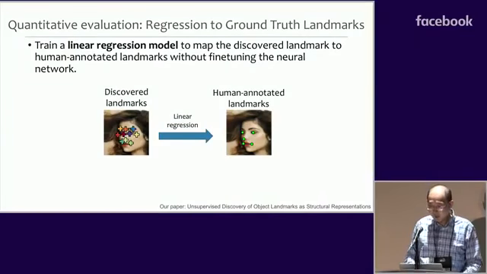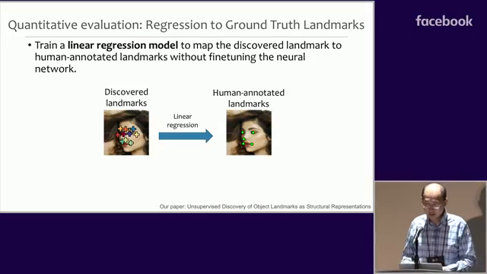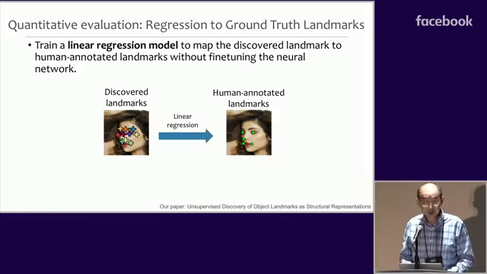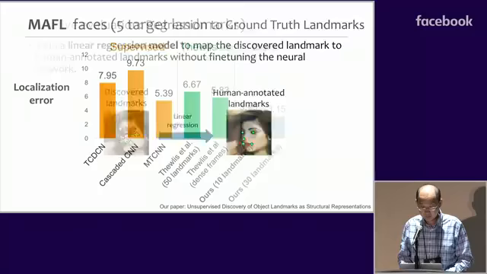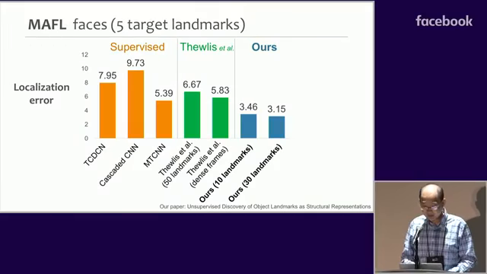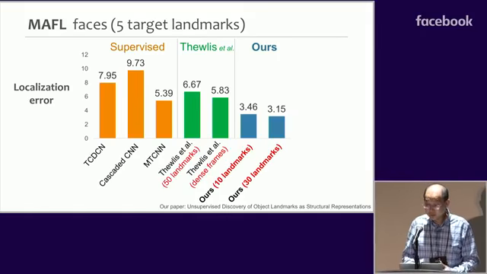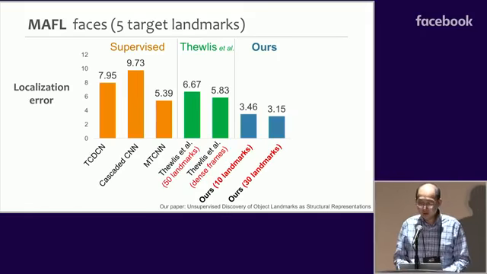To evaluate our method quantitatively, we train a linear regression model to map the discovered landmarks to the human annotated landmarks. So an ordinary landmark detector can be obtained without fine-tuning the neural network. On the MAFL face dataset, our model outperformed the single-view method, even when their method used more discovered landmarks or a dense object frame.